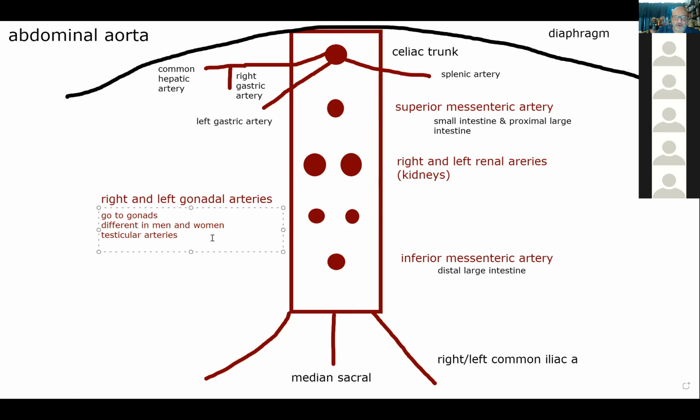And in the females, they're going to the ovaries, so they're known as ovarian arteries.